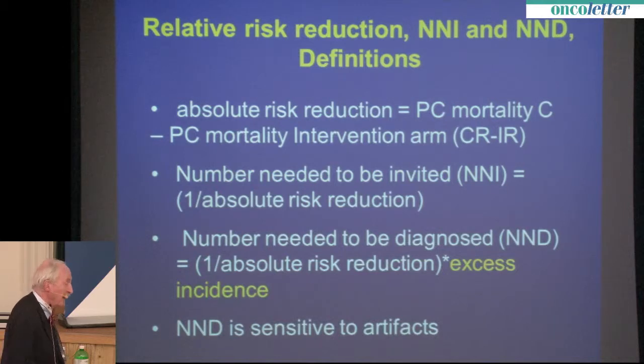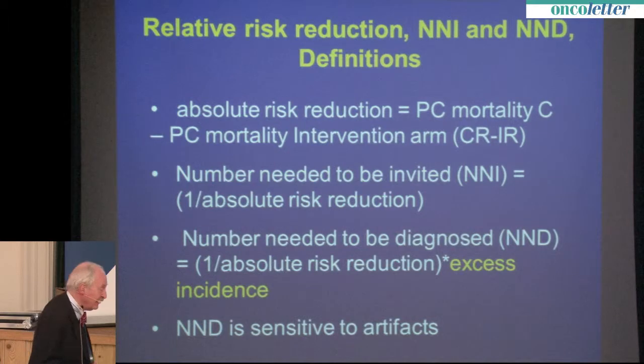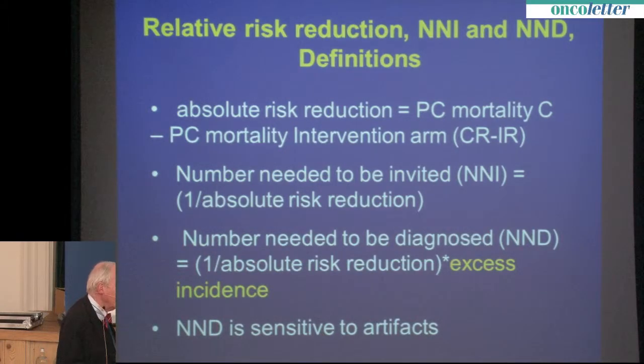The number needed to be diagnosed, and that is, in my view, the most important problem we have, is calculated as the number needed to invite times the excess incidence. The excess incidence is the difference in incidence between the screen and control arm. Now, we already heard that this may be very much influenced by bias.